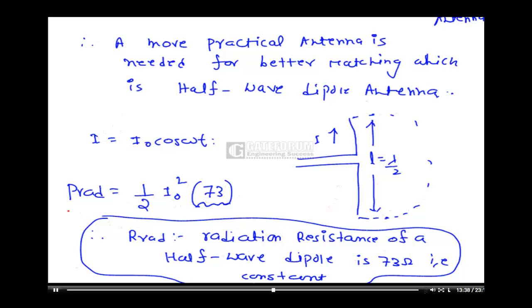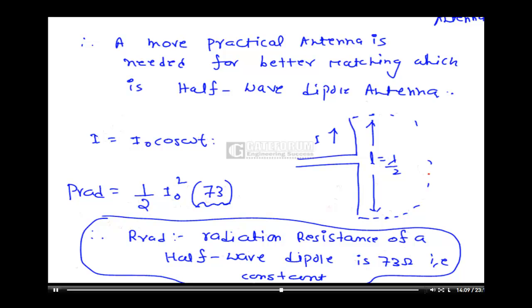So remember here, don't put L is equal to lambda by 2 in that 80 pi square into dl by lambda whole square formula. That formula is valid for antennas whose dl is like lambda by 10, lambda by 20, lambda by 50, which is very low compared with lambda.